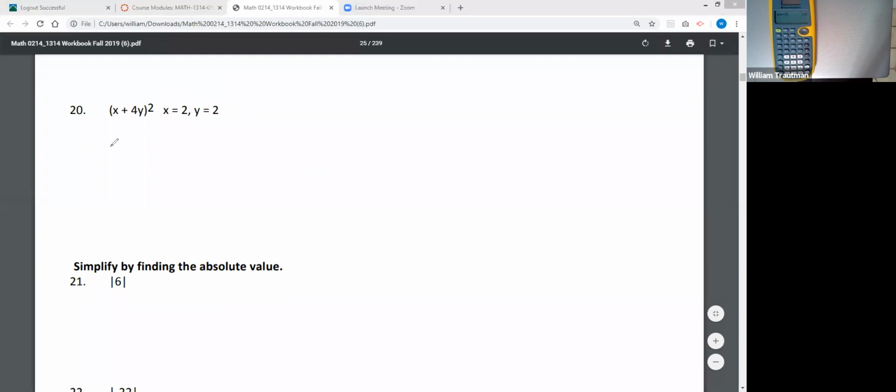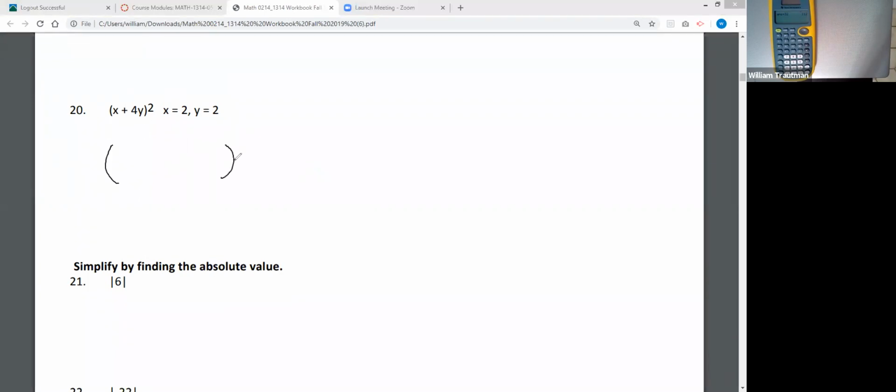All right, this problem, I have a big parentheses with a square. Then I have an x, so I have to have a parentheses in there. X plus 4 times y, which is a parentheses. So this is what I have. I'm going to plug 2 into the x and 2 in the y.